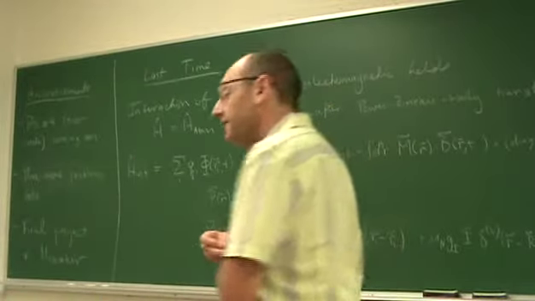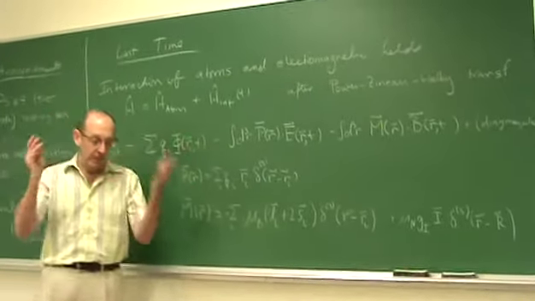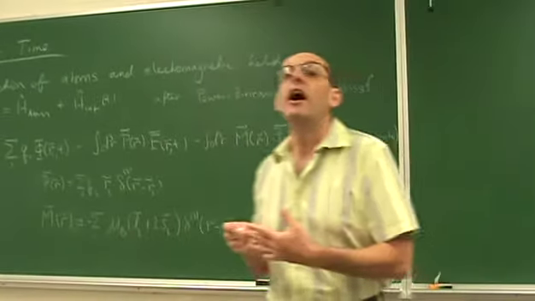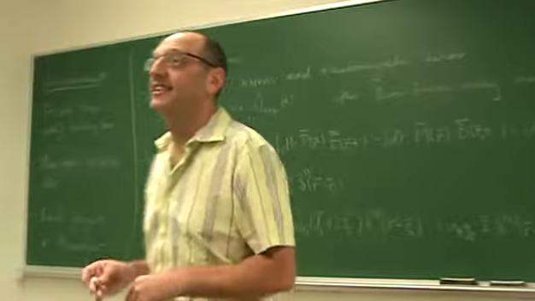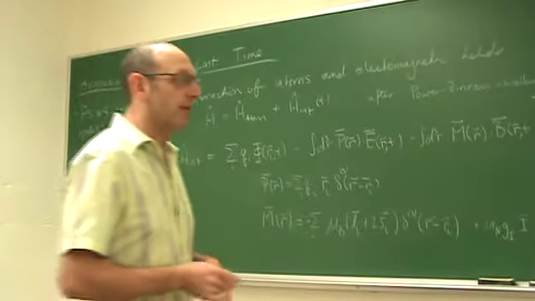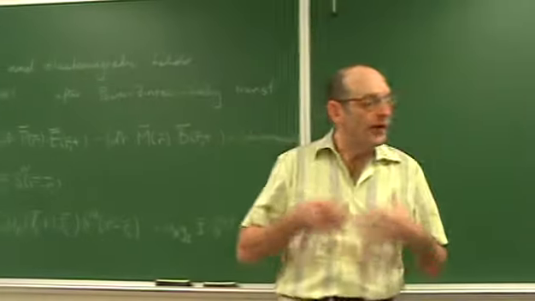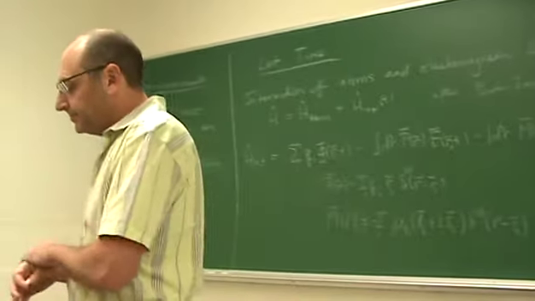So let's see. Last time, we completed what we're going to do this semester in terms of the discussion of atomic structure. We have sort of the basics, I think, under our belt. We have some ideas of what all the different quantum numbers are and how we describe the structure of multi-electron atoms.